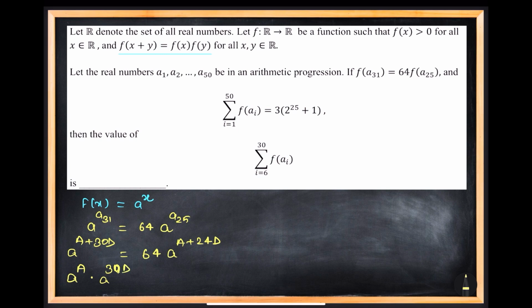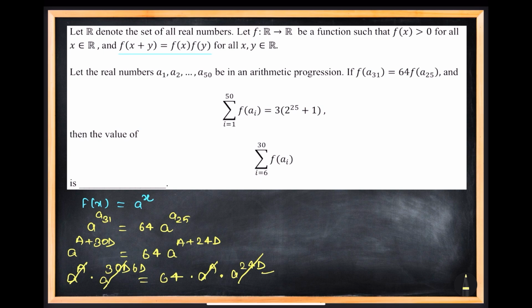So the point is this. Now, it is 64 into a power capital A into a power 24D. Now be super slow. Can we play Fruit Ninja and neutralize this a power capital A? Done. This is a power 24D. If we neutralize, we will be left with 6D.